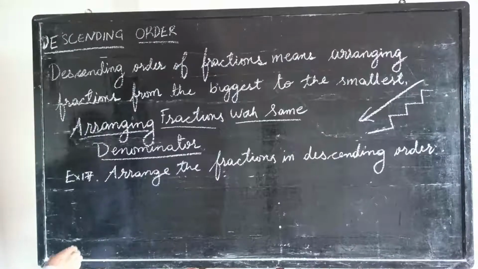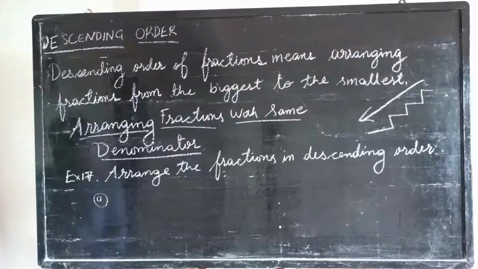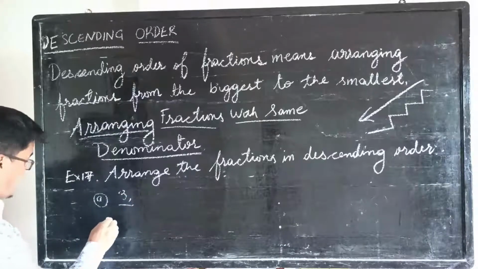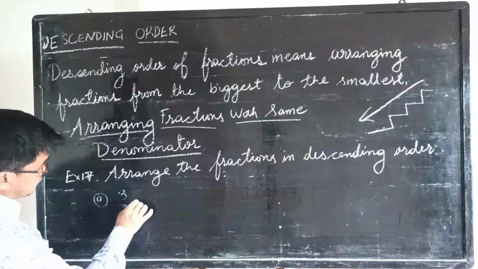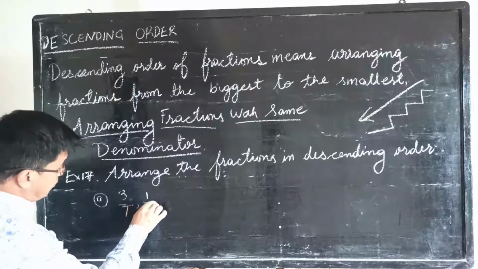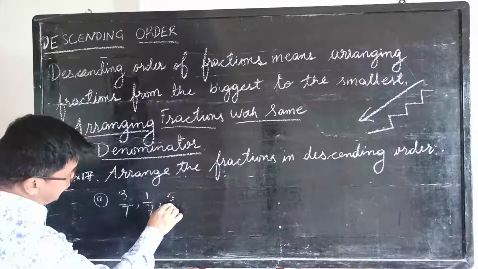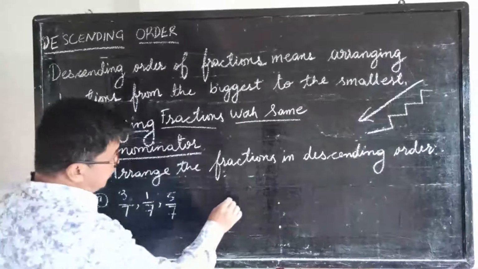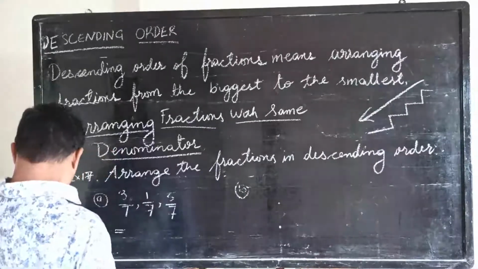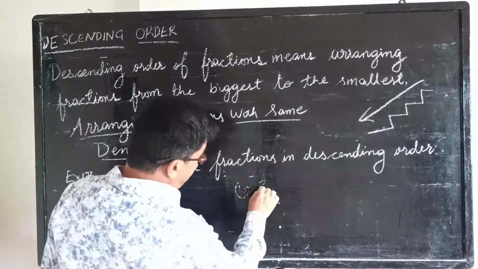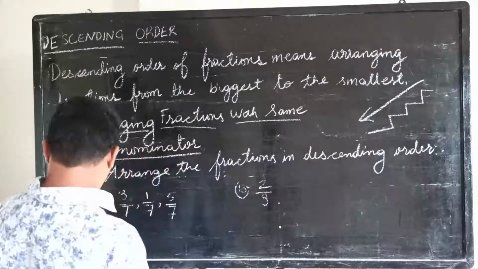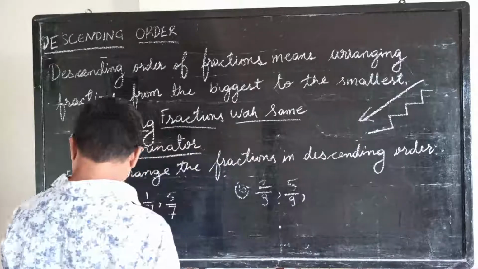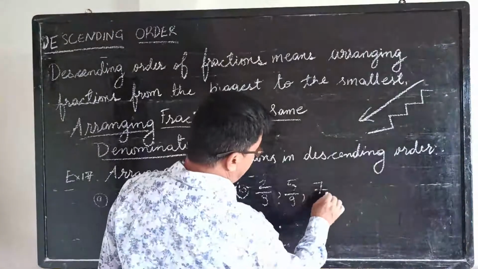Now A is 3 upon 7, then 1 upon 7 and 5 upon 7, and B is 2 upon 9, 5 upon 9 and 7 upon 9.